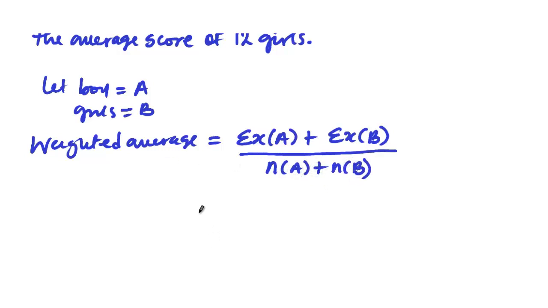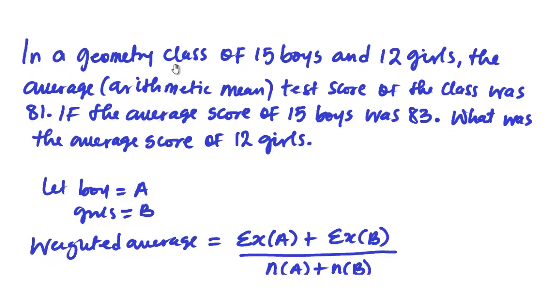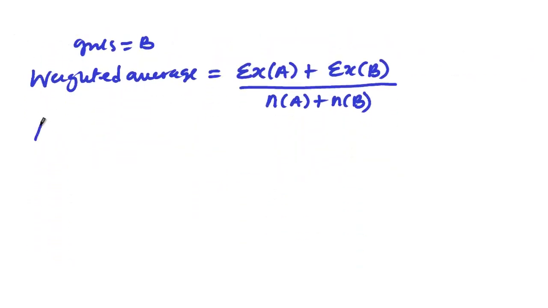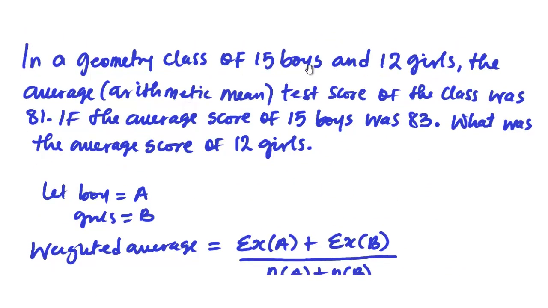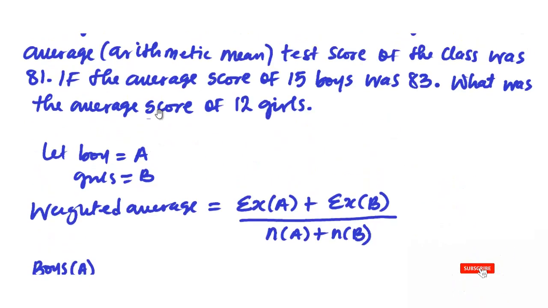Okay, so let's go back to the question and extract the necessary information. In a geometry class of 15 boys, I will split it this way: the boys represent A, and the girls represent B. The number of boys, n, is equal to 15, and the number of girls is 12.